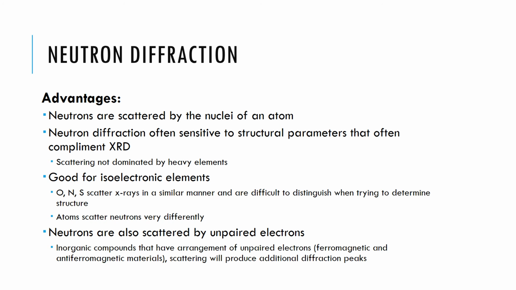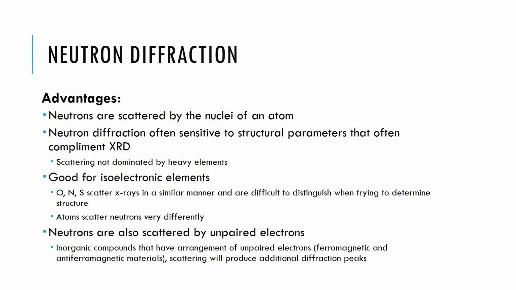The advantage of using neutron diffraction over X-ray diffraction is that neutrons are scattered by the nuclei of an atom. So think how that compares to how X-rays are diffracted. X-rays are scattered from the electron cloud.